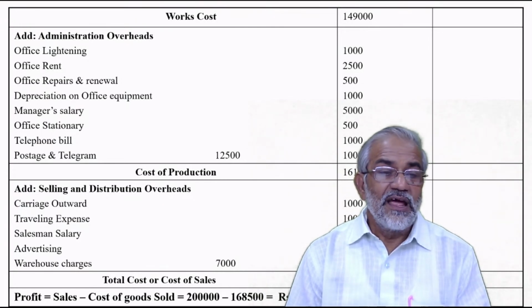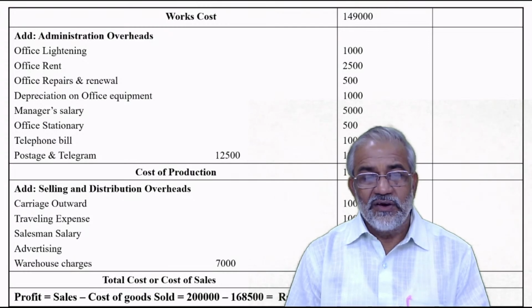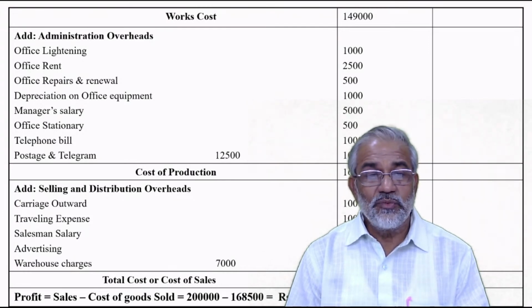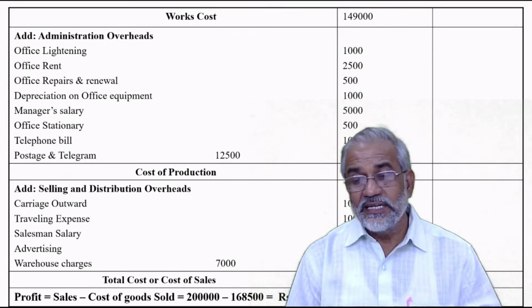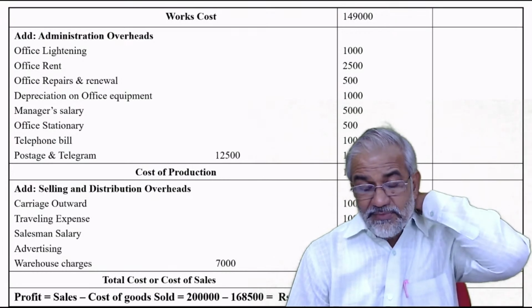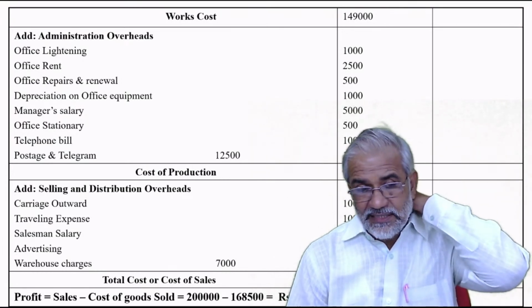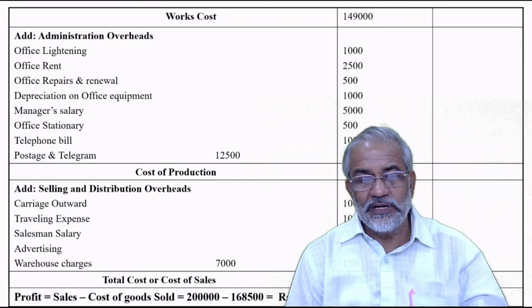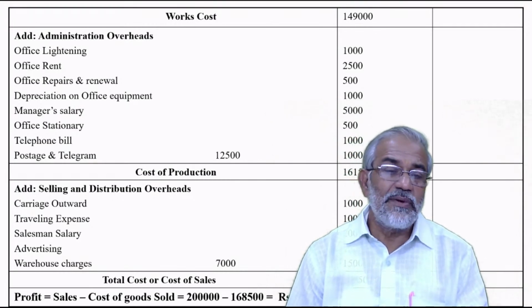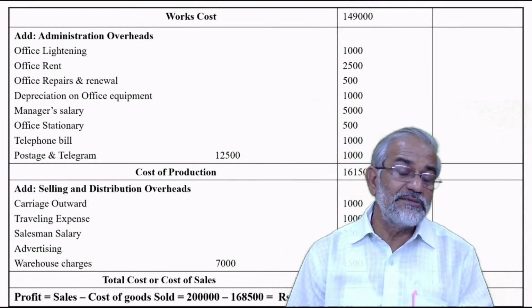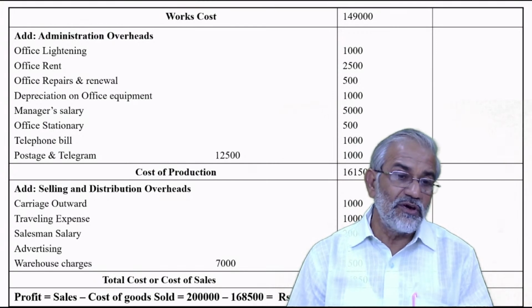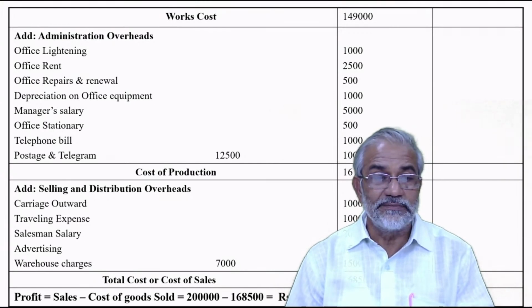The commission and the wages or the salary of the salesman will also form part of the selling and distribution overhead. If there is any distribution of samples or any advertisement expenses, advertisement is a deferred revenue expenditure, but when it is allocated particularly towards the cost, that allocated part of the advertising expenses will form part of the selling and distribution overhead.